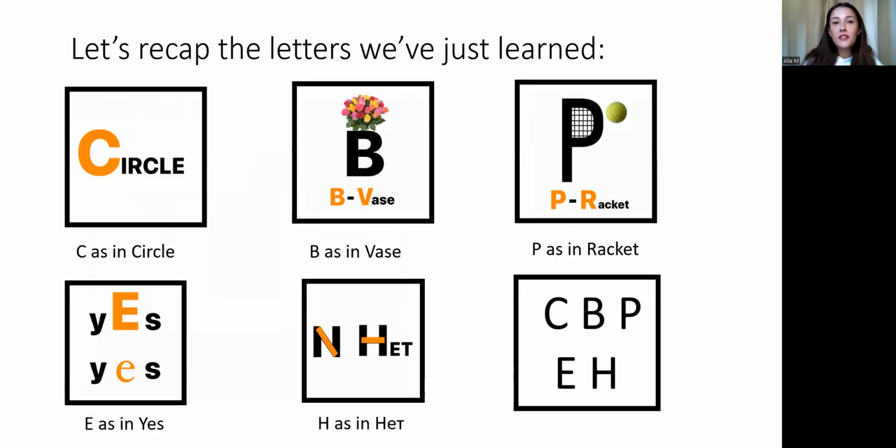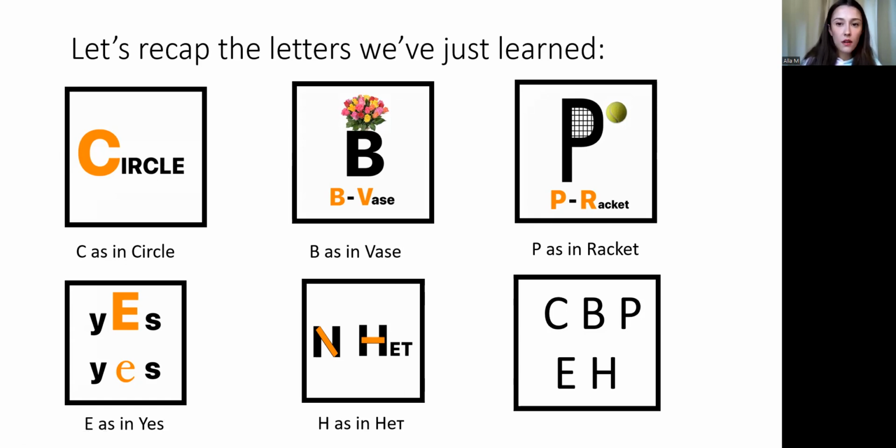Let's recap the letters that we've just learned. S as in circle, V as in vase, R as in racket, Е as in yes, N as in нет. S, V, R, Е, N. One more time.